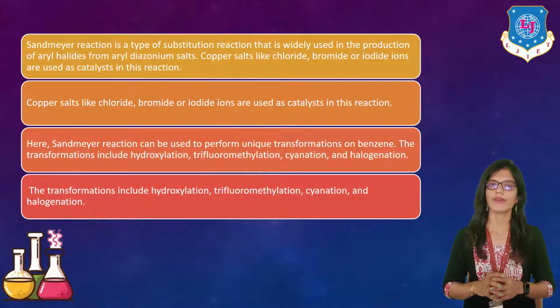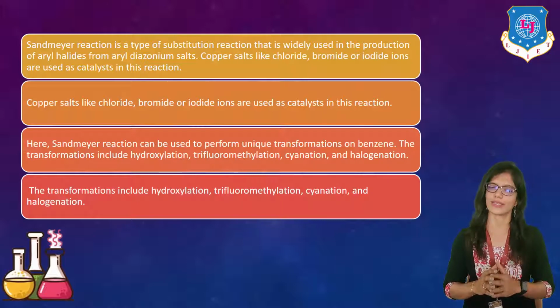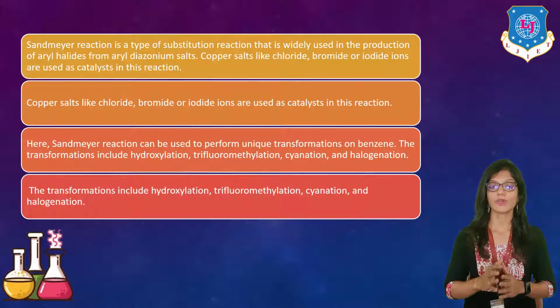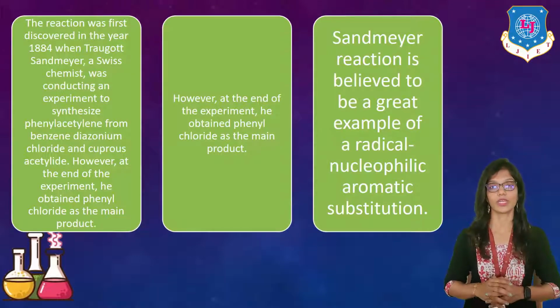So we will do the transformation of benzene, that is, the reaction on benzenes. The halogenation also includes chlorination, bromination, iodination, etc.